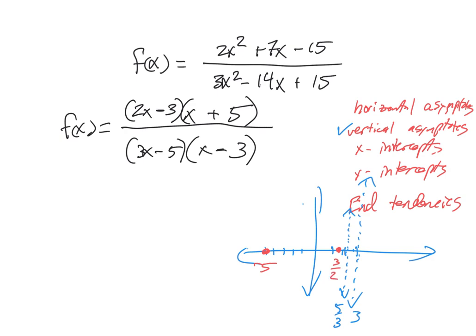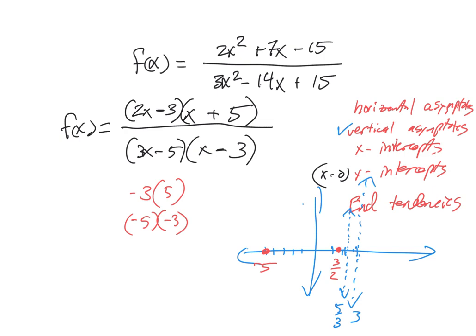And next up, y-intercepts. Y-intercepts happen when x equals 0. So if I put 0 into my equation for x, I will have up here 0 minus 3, which is negative 3. The next one I'll have 0 plus 5, well that's 5. 0 minus 5 is negative 5. 0 minus 3 is negative 3.